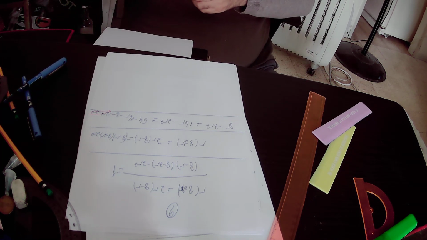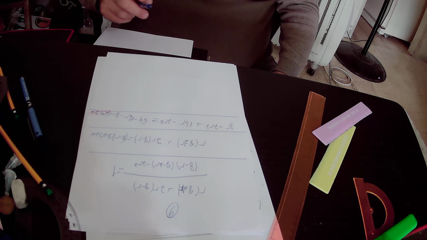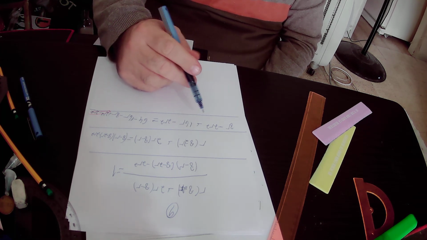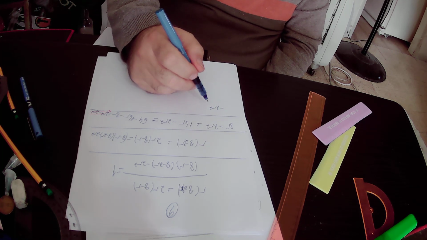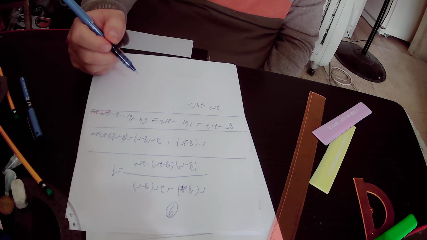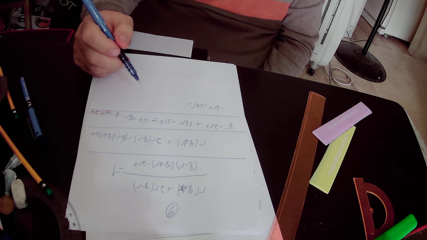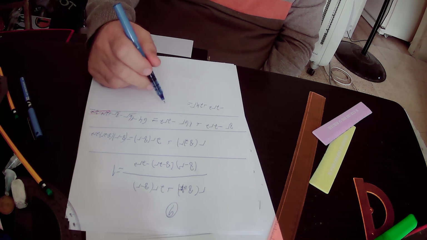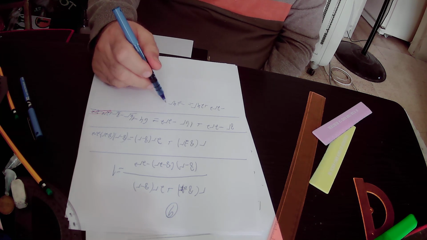And what is left after we cancelled this expression? Actually we have here 8r plus 16r is 24r, so we have minus 2r squared plus 24r equals to, here we have minus 24r plus 64.